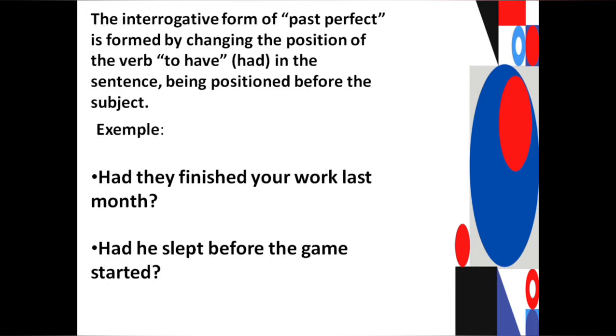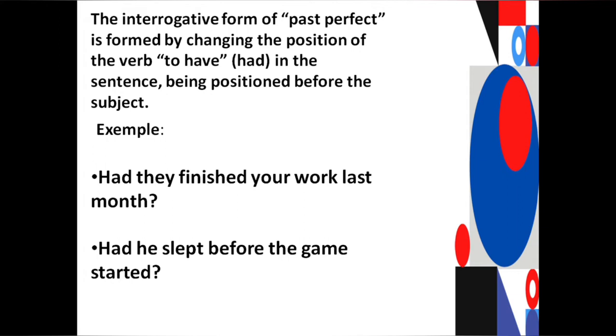The interrogative form of past perfect is formed by changing the position of the verb to have, or rather had, in the sentence, positioning it before the subject. It's the same as when we make a question using is, are, do.